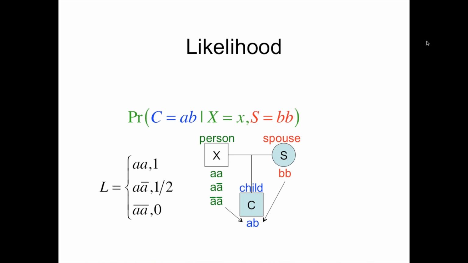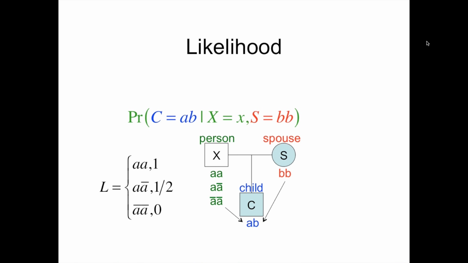And over on the left, we can look at the likelihoods of these. If the person has an AA allele pair and the spouse has a BB allele pair, then the chance the child has an AB is 1. So the likelihood is 1 for X having an AA. If a person has a heterozygote that includes an A and a not-A, then there's a 50-50 chance that will produce that flow of information to the child having an AB genotype.